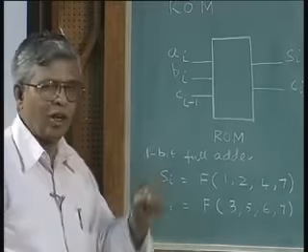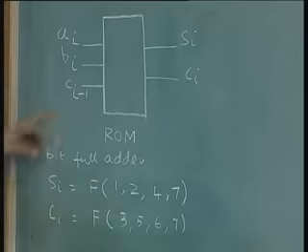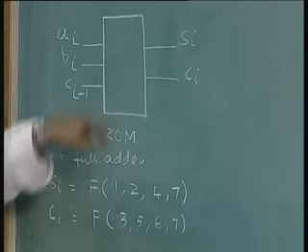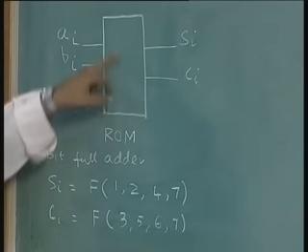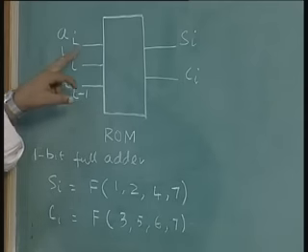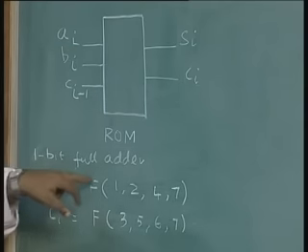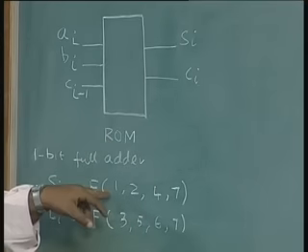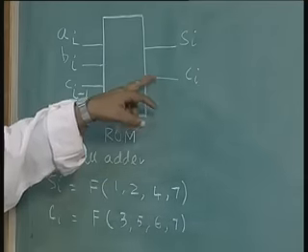What is inside this ROM? After all, how do you generate these minterms? By combinations of A, B and C, and how do you generate the output? Output is by combining the minterms. So, you need an AND gate array in order to combine A, B and C in different ways to get the different minterms, and an OR gate array in order to combine the different minterms to form the output.